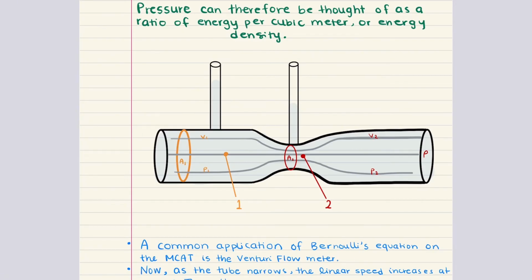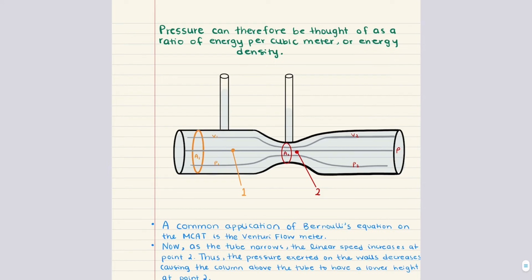This is elegantly demonstrated by the venturi flow meter. This effect occurs when fluid flows through a pipe that narrows and then expands again. As the fluid enters the narrow section, its velocity increases to maintain the continuity of flow, as described by the continuity equation.